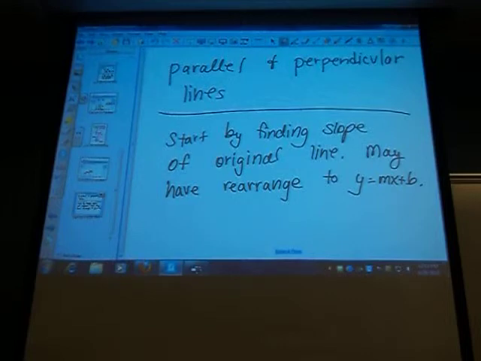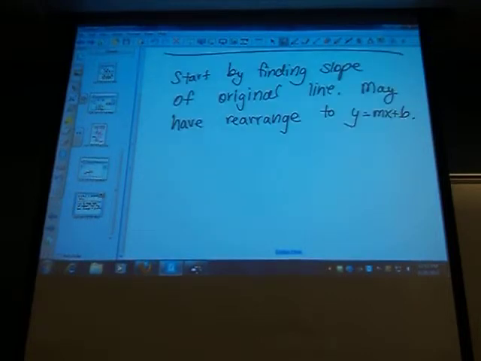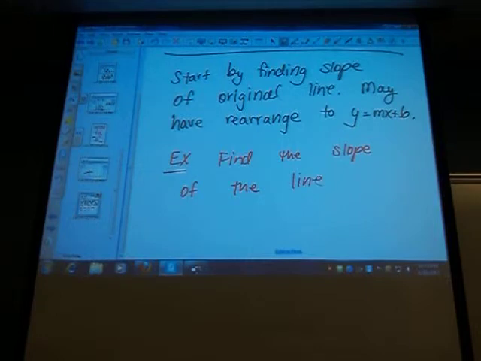Let's do an example here if you guys want to write this down. Find the slope of the line 2x minus 3y equals 1.